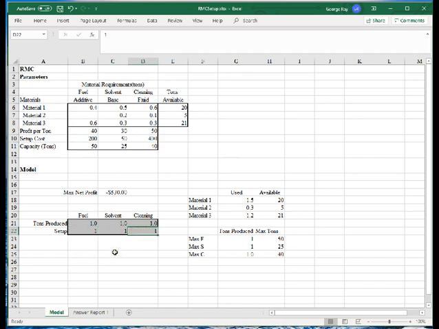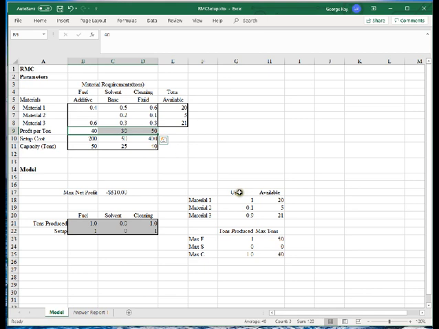One indicating there is a setup cost, so in other words, we're going to make some of the particular product, or a 0 if we're not. So if we go ahead and change this to 0 here, then that means we have a 0 for our setup cost. We also have profit contributions, and it's $40 per ton for fuel additive, $30 per ton for solvent base, and then $50 per ton for carpet cleaning fluid. And that's in this particular vector here.